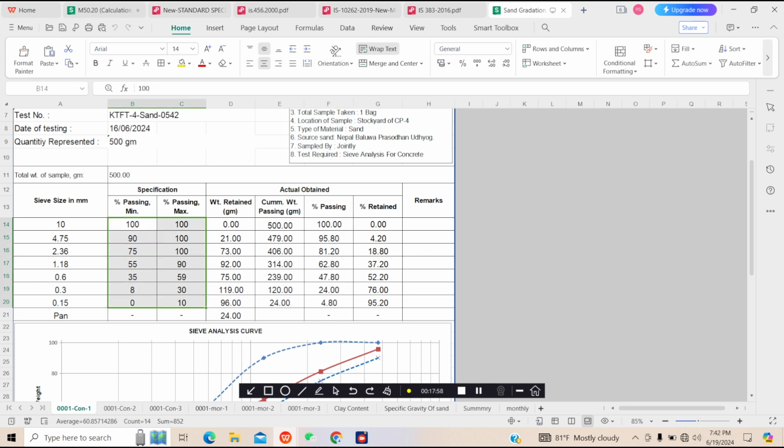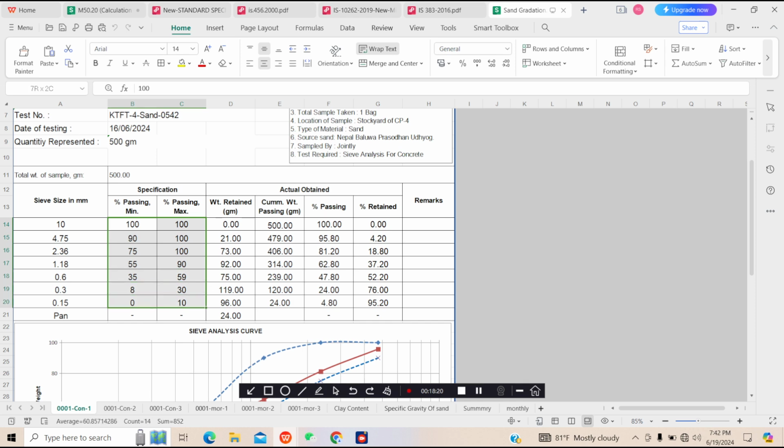Here we can see the specification. 100 at the 10 mm sieve size, minimum passing is 100 and maximum is also 100. And at 4.75 mm, 90 percent minimum passing and maximum 100.